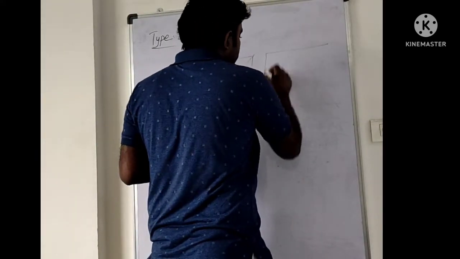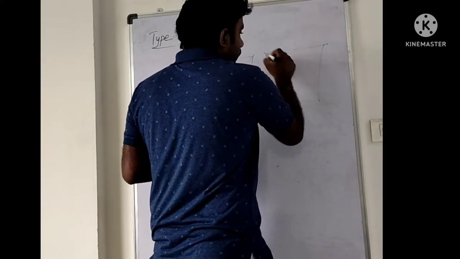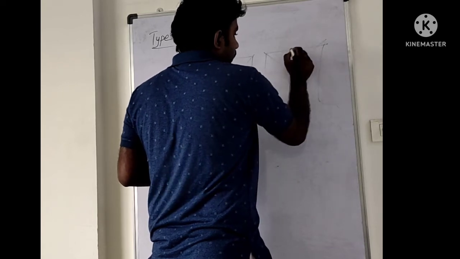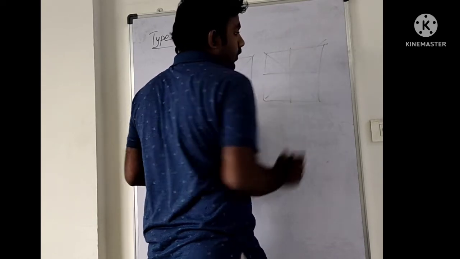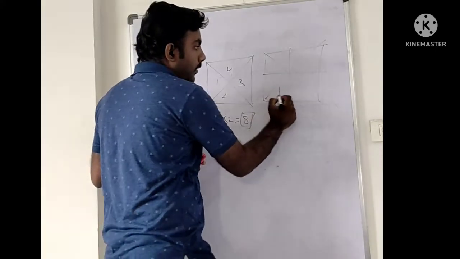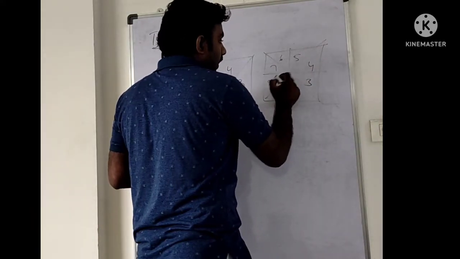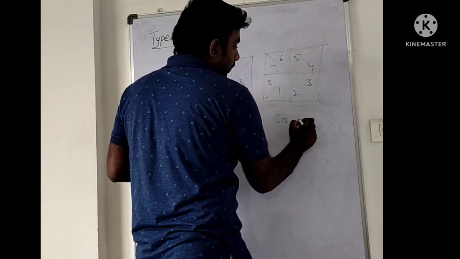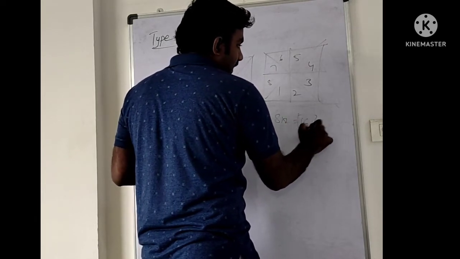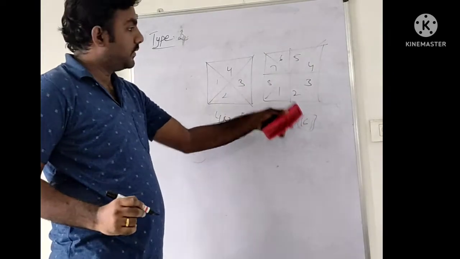Suppose, how many triangles are there? 1, 2, 3, 4, 5, 6, 7, 8, meaning 8 into 2, 16. Total number of triangles in this diagram is 16.